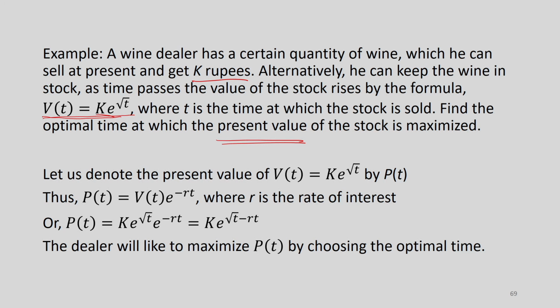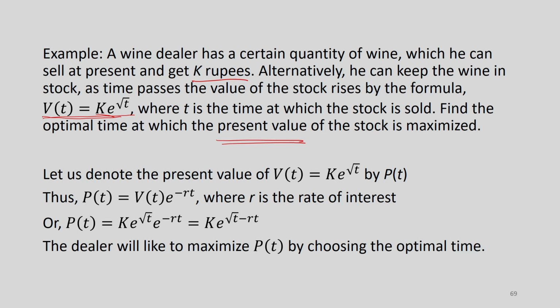However, suppose you decide to wait for one period. So, that will give you t equal to 1. After one period, the value of the wine will become k multiplied by e to the power root over 1, root over 1 is 1. So, this is k multiplied by e. As we know, e is greater than 1, it is a value between 2 and 3.